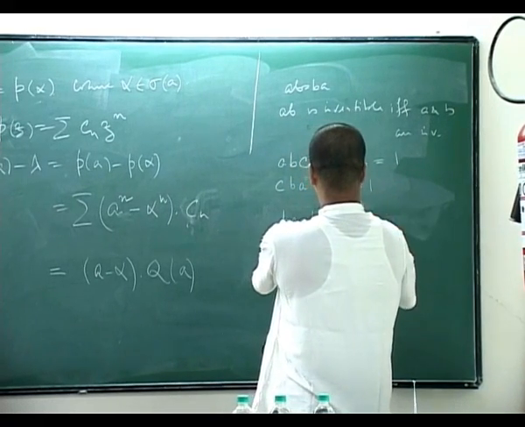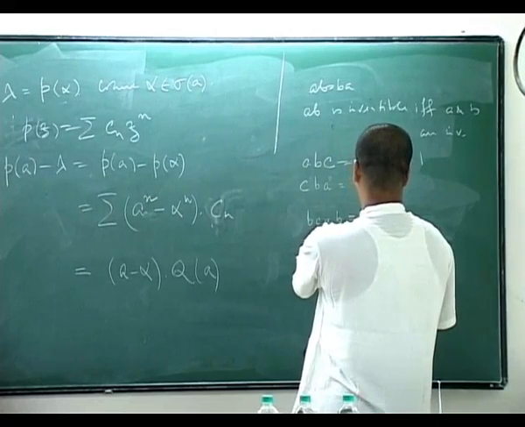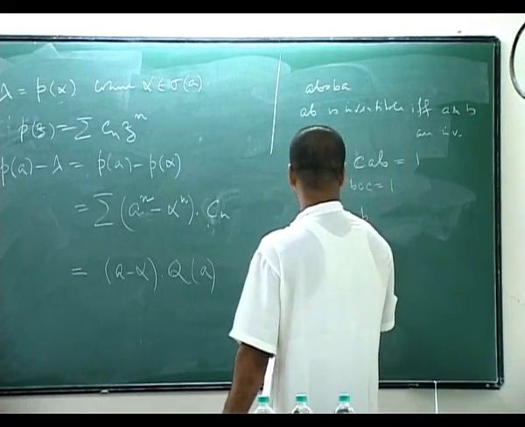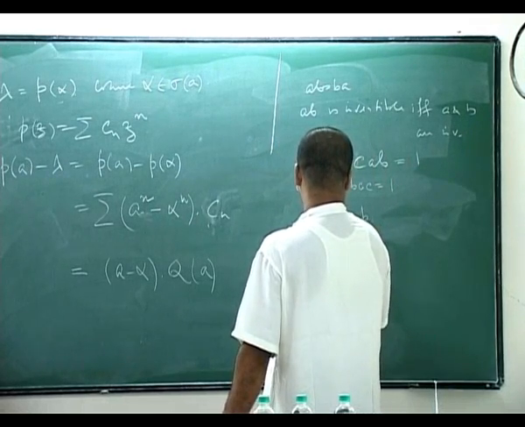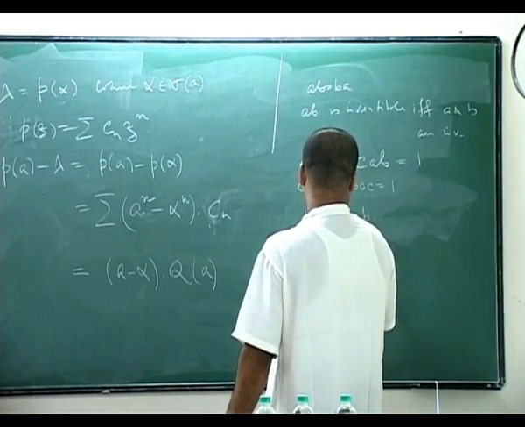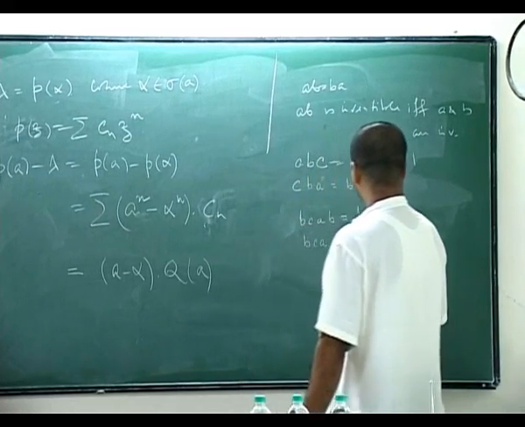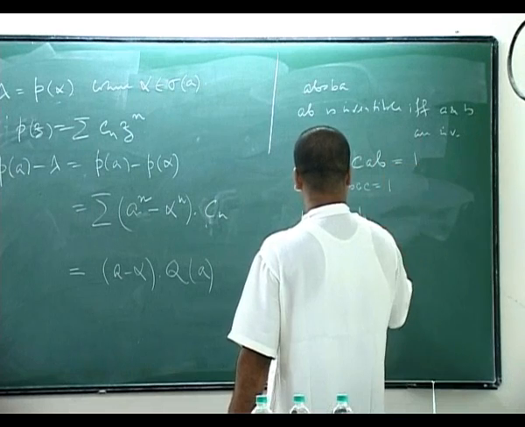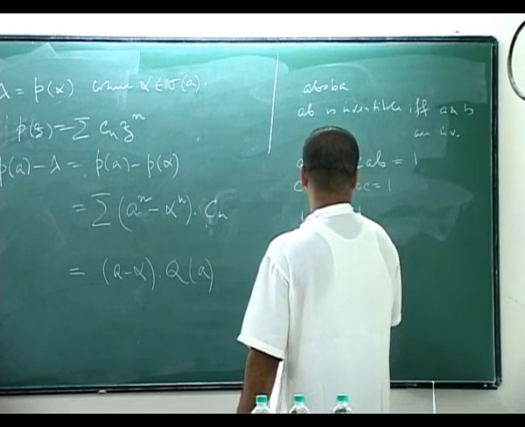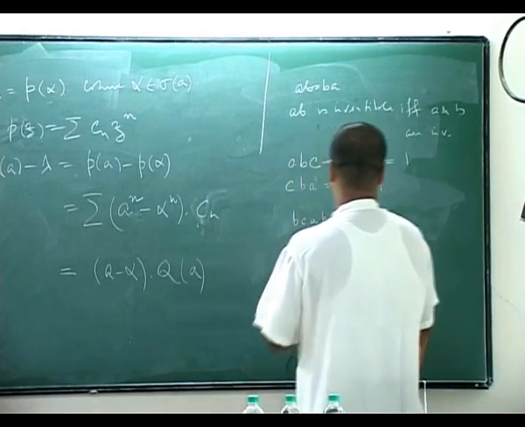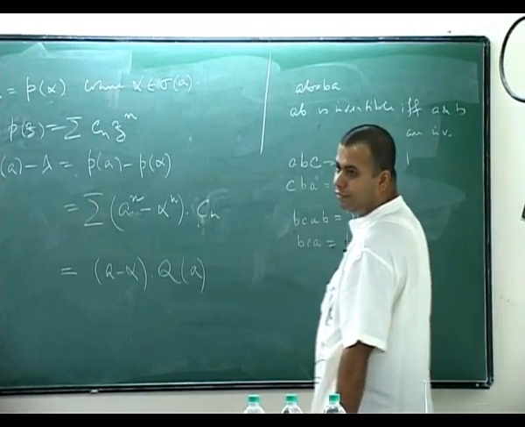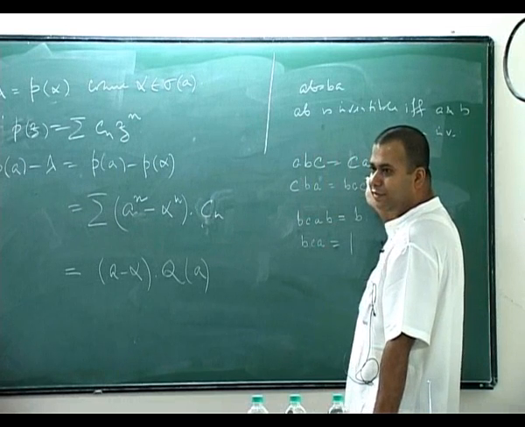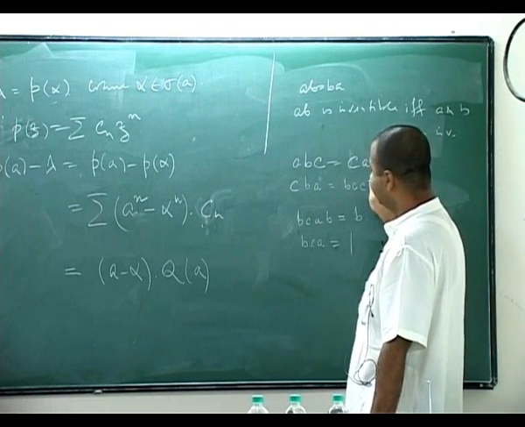Listen to what he's saying. This implies BCAB is B, and now you have multiplied by AC from this side, it cancels and it becomes 1. It is done. He's just saying that in those two lines you said that B has a definite inverse.